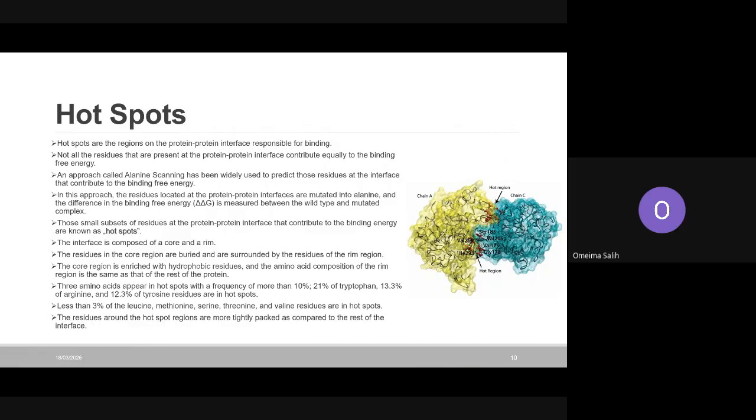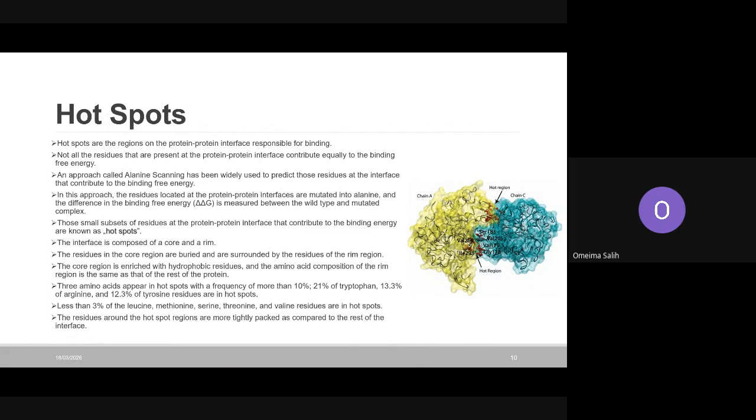There is a production of energy, and even when it gets into binding, there is use of this energy. So the difference between being unbound and bound, this is what we call the binding free energy.